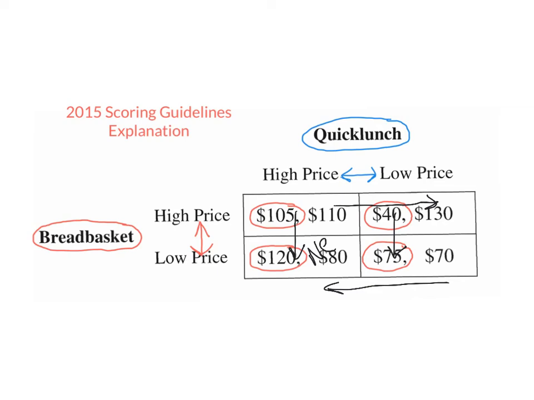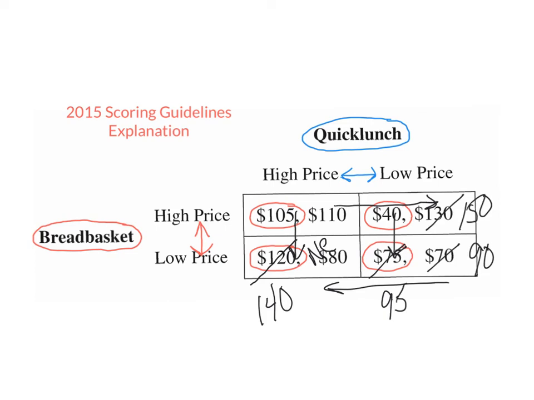So when a company sets a low price, the following would happen. The 120 would now be 140. The 75 becomes 95. For Quick Lunch, the 130 becomes 150 and the 70 becomes 90.